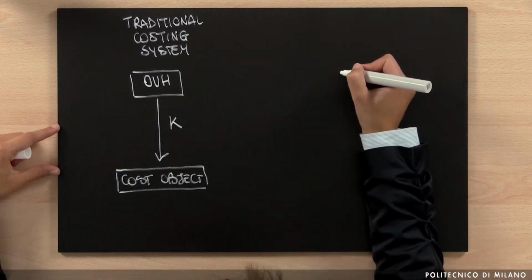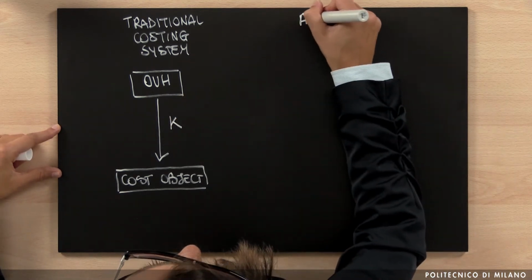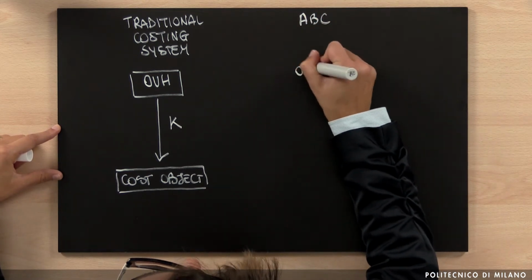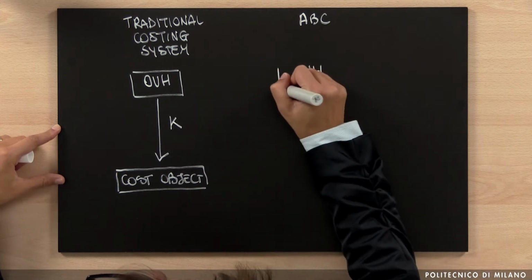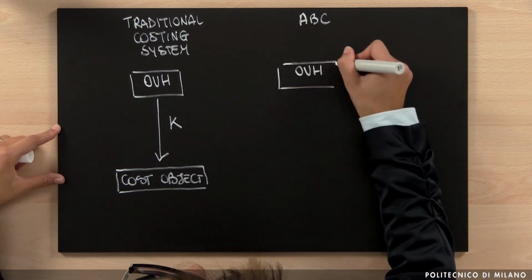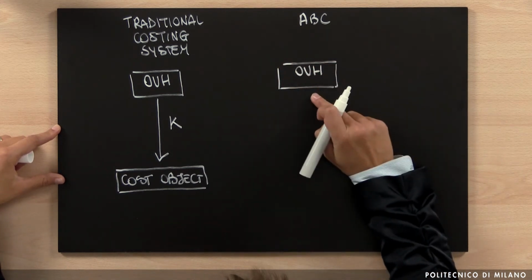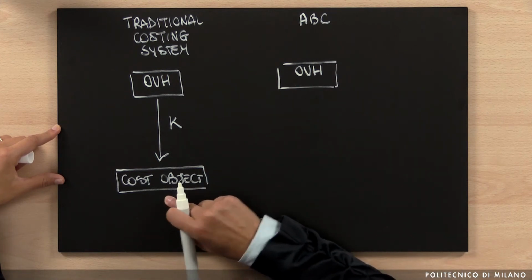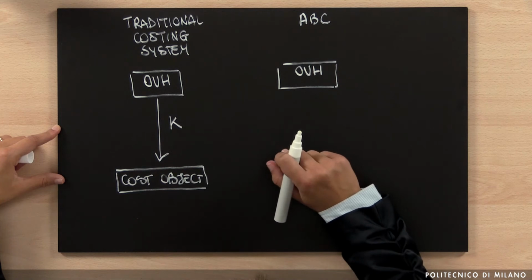If we have instead an activity-based costing system, still the starting point is represented by our overhead. So we have the indirect resource, but the indirect resource, rather than being assigned directly to the cost object, is assigned to the activities first.